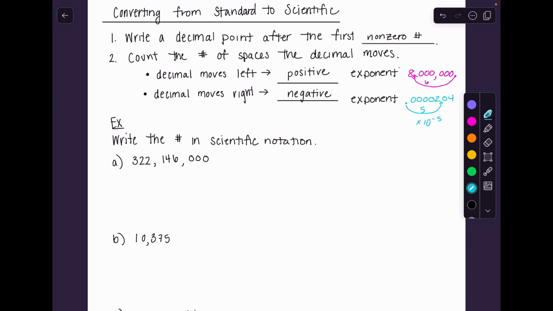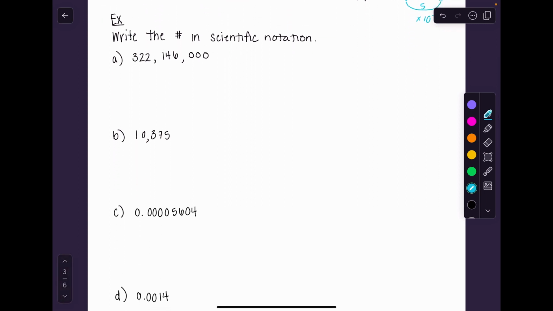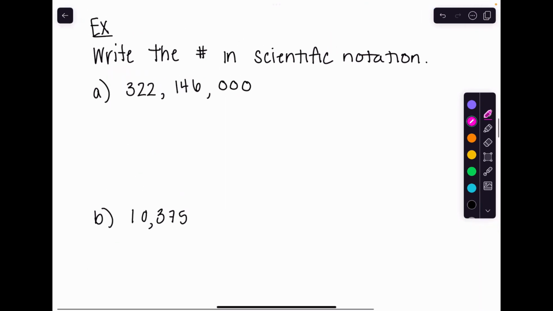So let's try some examples. We're going to write each of these numbers in scientific notation. So for this first one, first thing I need to do is I need to write the decimal after my first non-zero number. 3 is that first non-zero number. So what I do is I write the decimal after it, and then I keep copying down all of the important digits that I see until I hit this trail of zeros.